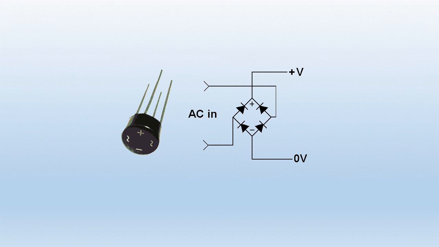Another form of rectification uses a bridge rectifier, which essentially is just four normal diodes in the pattern that you see there.